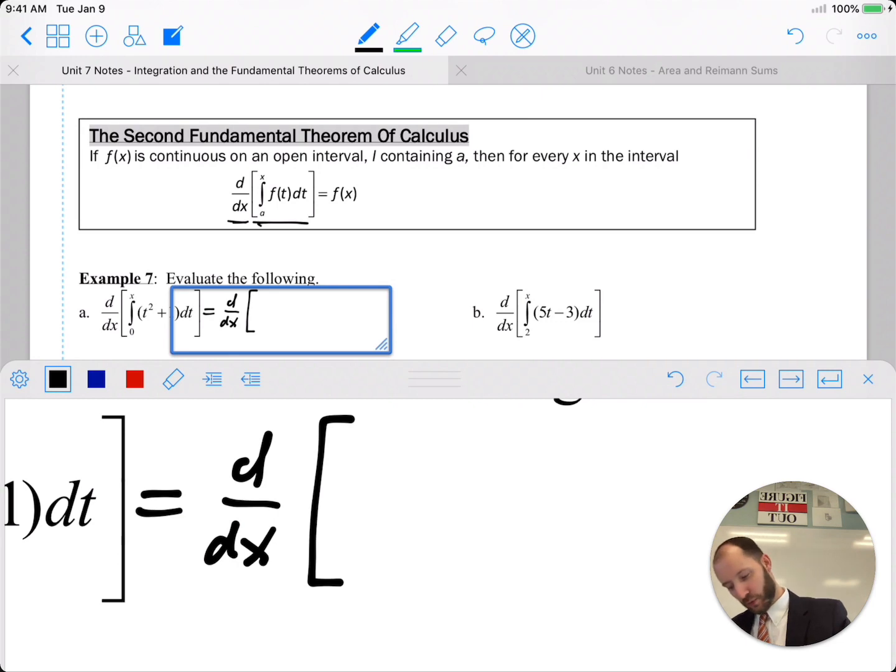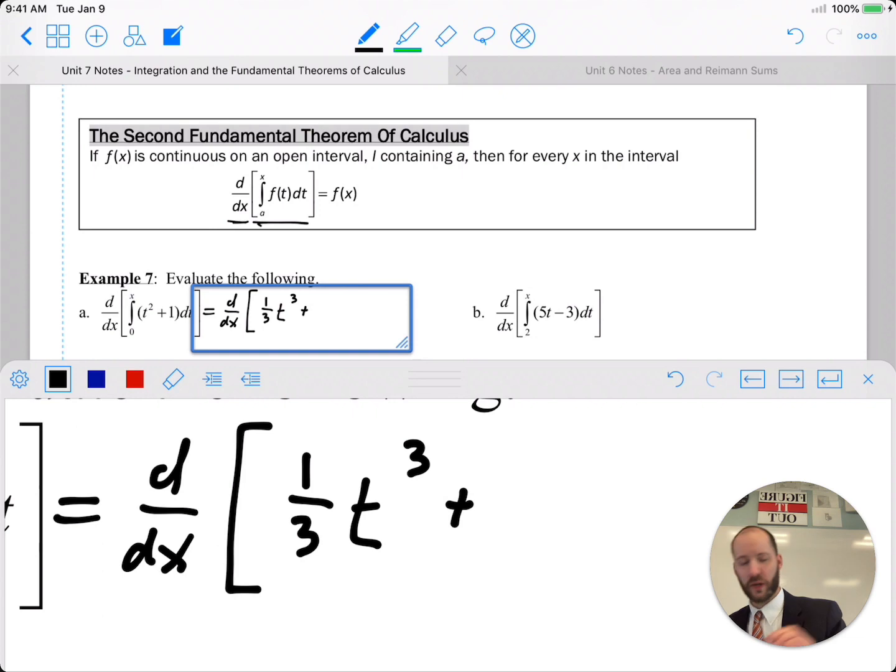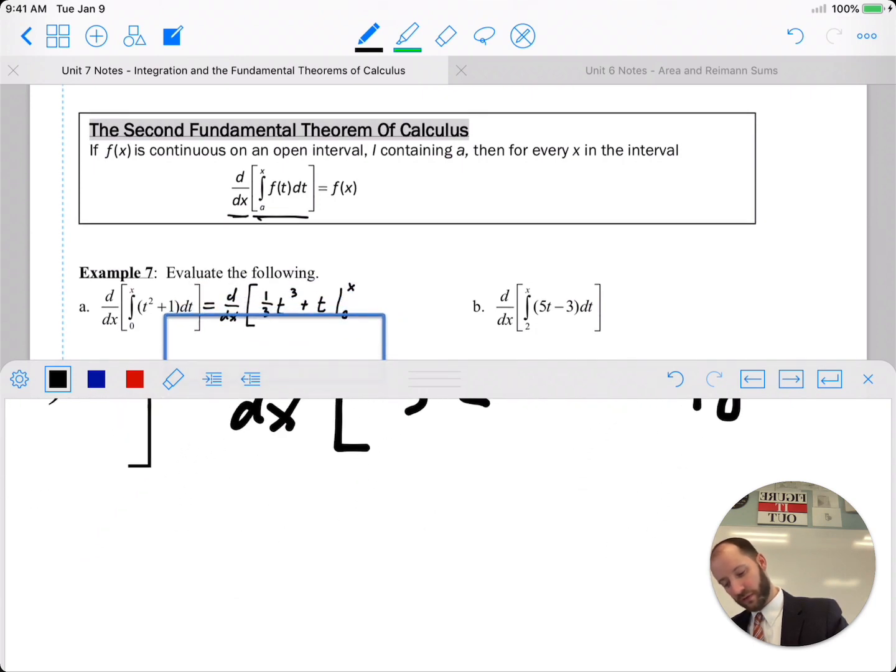So t squared becomes 1/3 t cubed. t becomes, 1 becomes t. And evaluating from 0 to x.